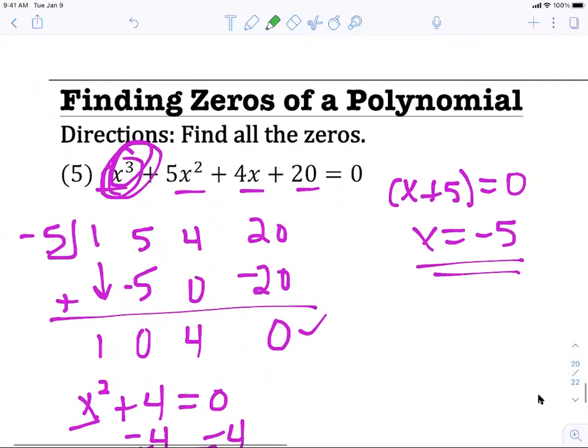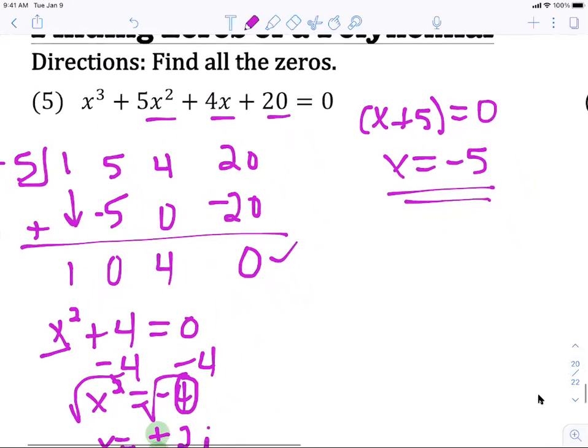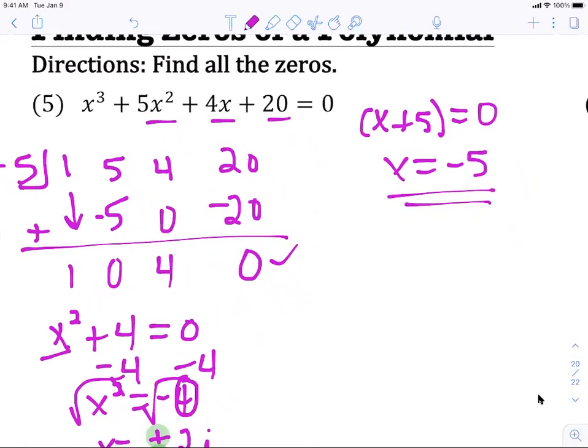So for example, this one, since my degree was x cubed, there were only certain combinations of answers we could have had. You could have had 3 real solutions. You could not have had 2 real and 1 imaginary, because imaginary numbers always come in pairs.